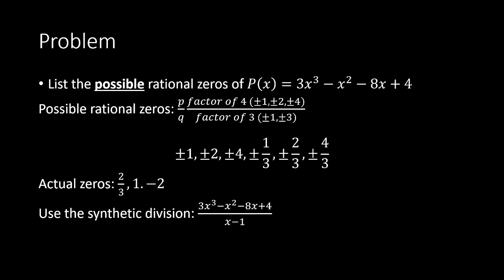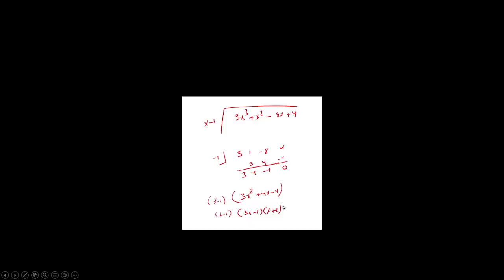To find it, you can use synthetic division. So you have 3x cubed minus 8x squared plus 8x plus 4 divided by x minus 1. We write it in this format. This should be just a positive one. So 3, 1, negative 8, 4. Bring down the 3. 3 times positive 1 is 3. 1 plus 3 is 4. 1 times 4 is 4.